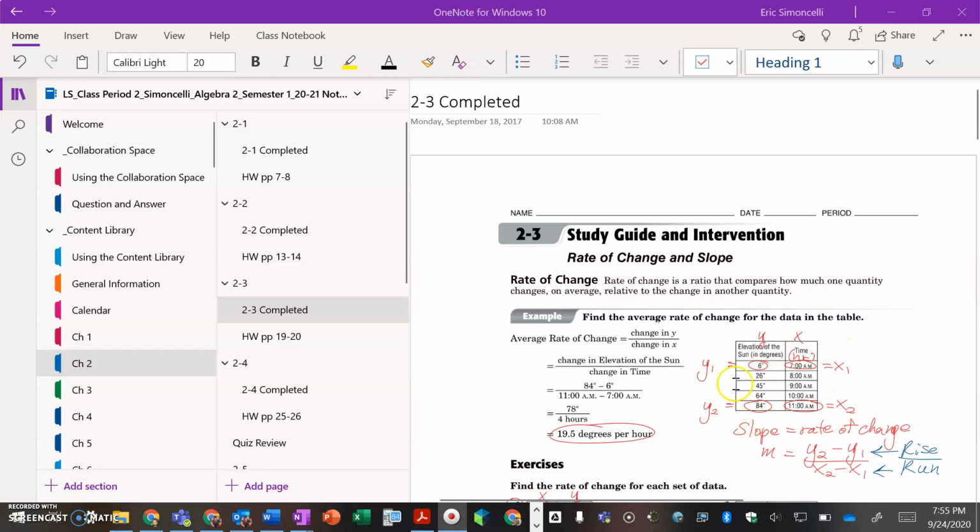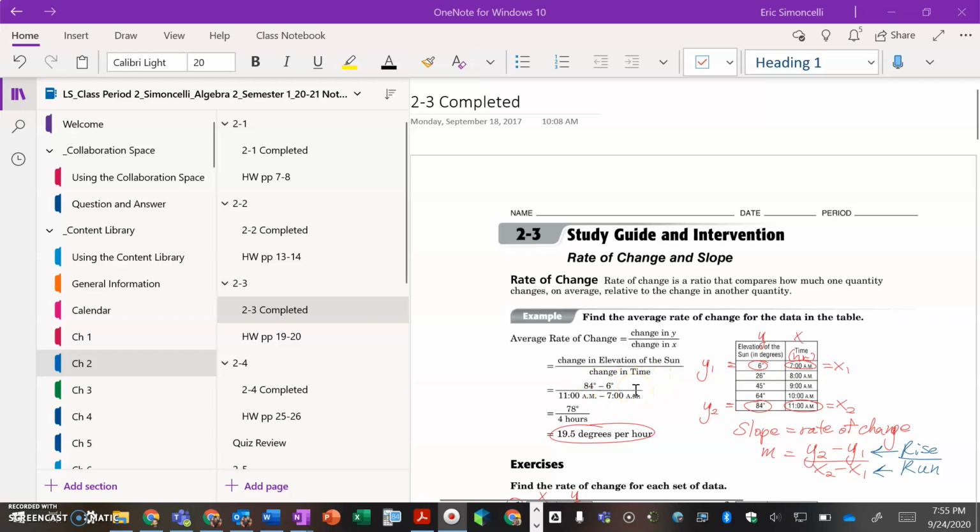For this particular scenario, you can see the time x in hours and the elevation of the sun y in degrees. So it's the change in elevation of the sun divided by the change in time.